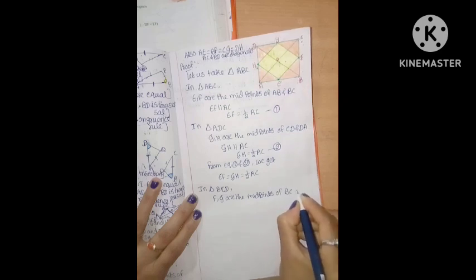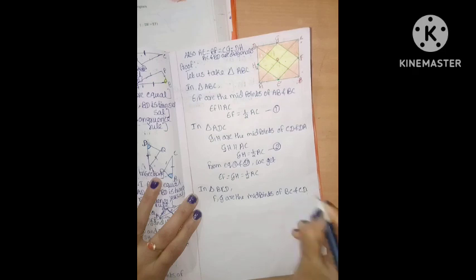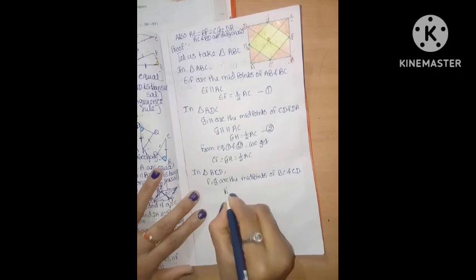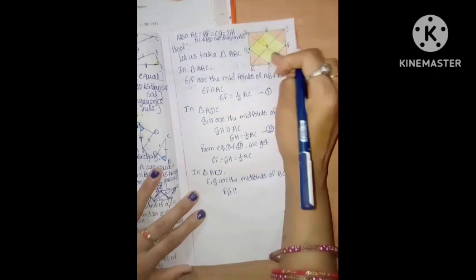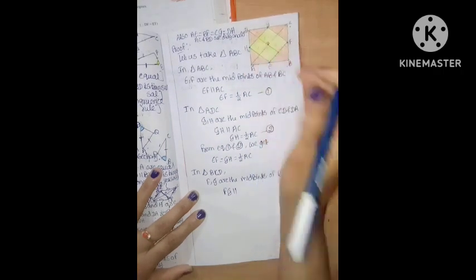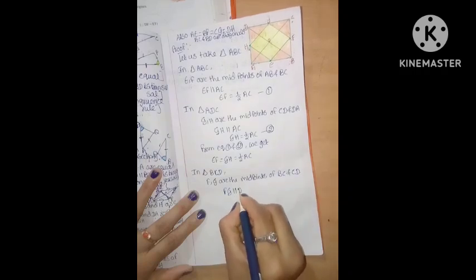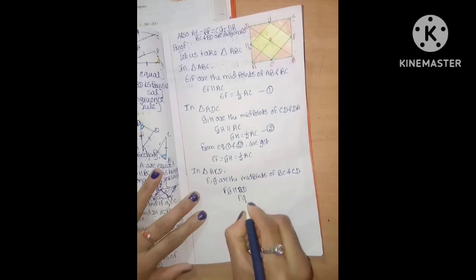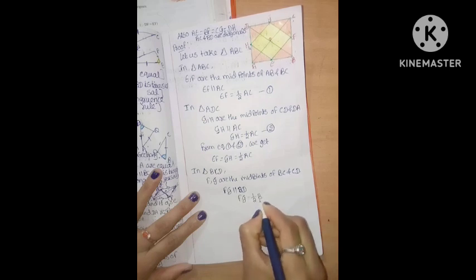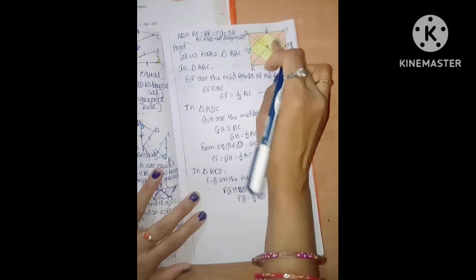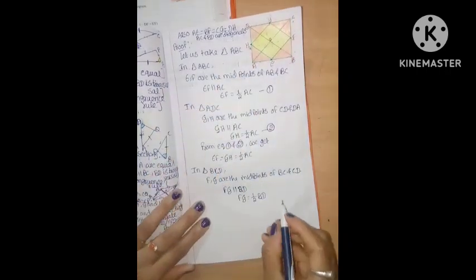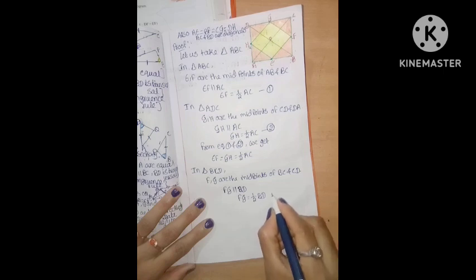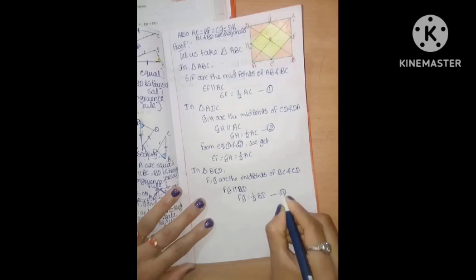BC and CD respectively. And here FG is parallel to the BD side. So FG is equal to half of BD, since by the previous theorem, the midpoint theorem, it is half of it. So this is the third equation.